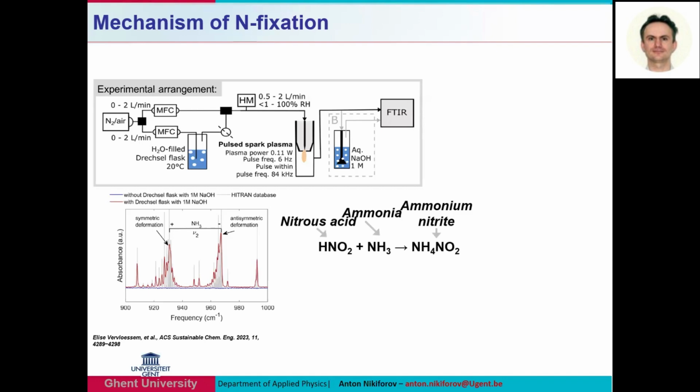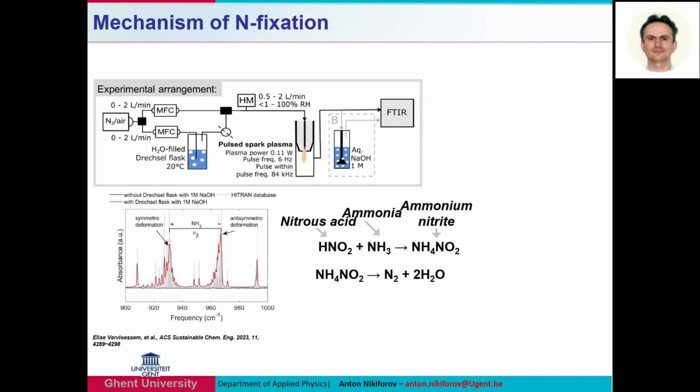This is a process which is responsible for formation of NH4NO2, but this is an unstable product. And this product very fast will be decomposed into nitrogen and water. So we are forming this product in the gas phase, it immediately decomposes, and we don't see anything in the atmosphere.